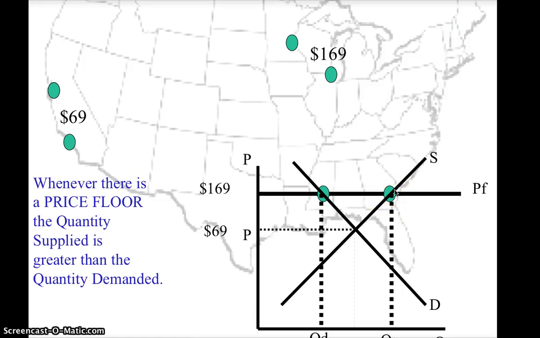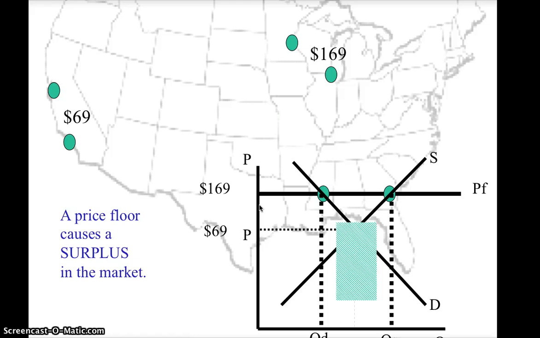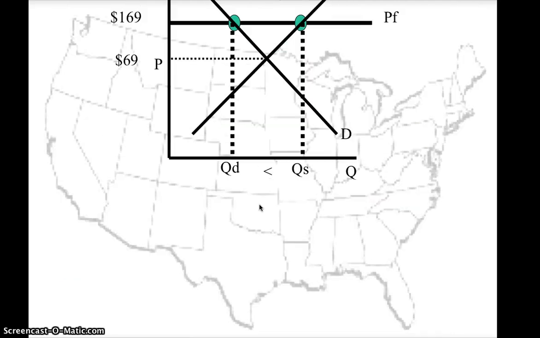They like making that much money. But at the higher prices, the amount of people that want to buy those seats is much lower. So when quantity supplied is greater than quantity demanded, we have a surplus in the market. And the surplus is that size right there. That's the quantity demanded of seats, quantity supplied of seats, and the difference between the two is the surplus.